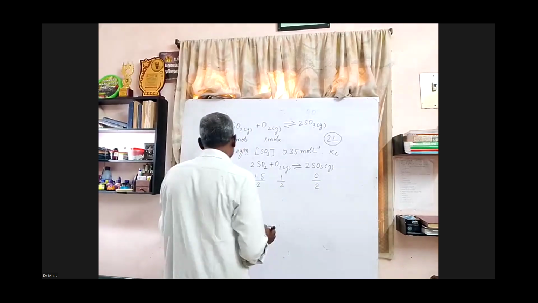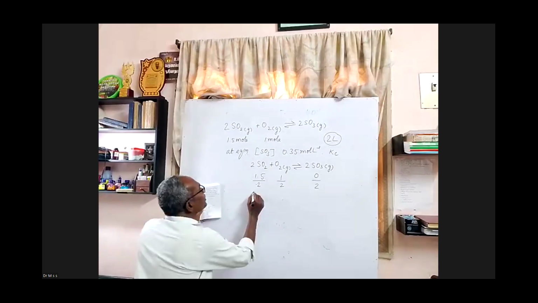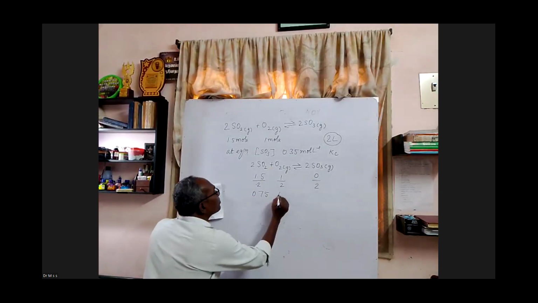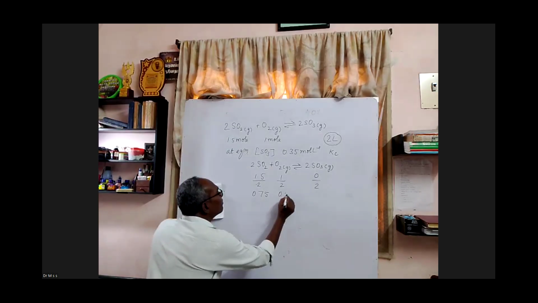So the concentration is 0.75, it is 0.5 per liter, and initially it is 0 mole.